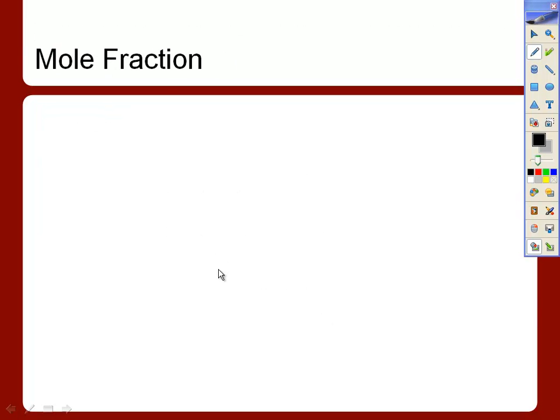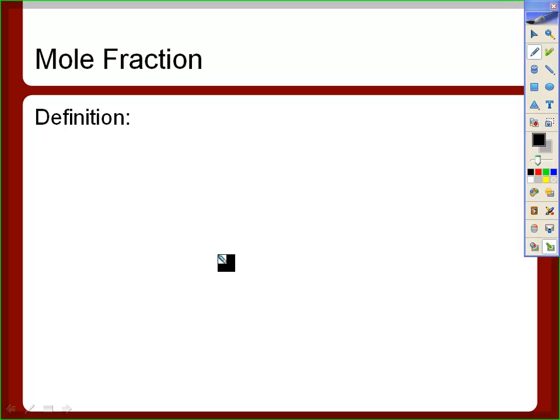So let's talk about mole fraction now. Here is the definition of the mole fraction. The mole fraction is expressed by this Greek letter chi, which sort of looks like an X, and we have an A next to it, which represents the solute.